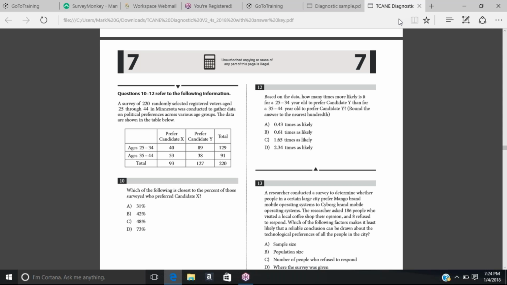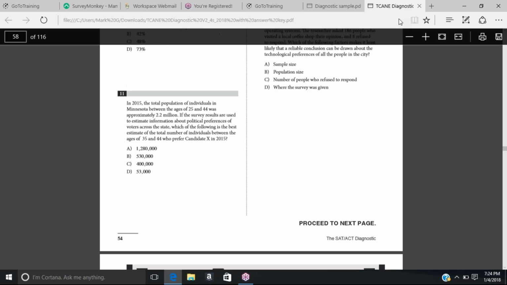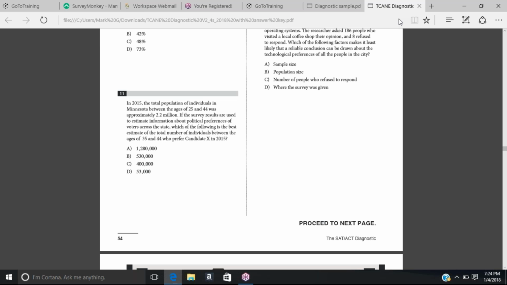Look familiar? Holy cow. When they did this question, you had an easy 53 out of 220, an exact ratio, 53 to 220, to choice B in number 11. There's a bunch of zeros at the end, but it works out beautifully for choice B.